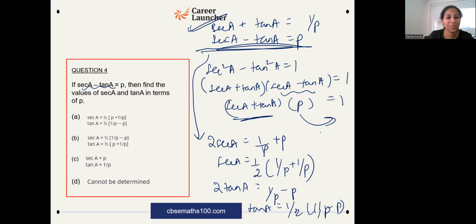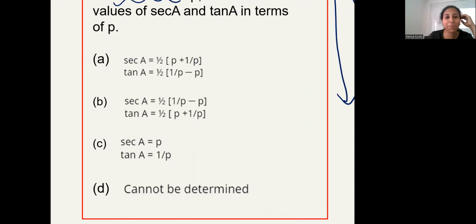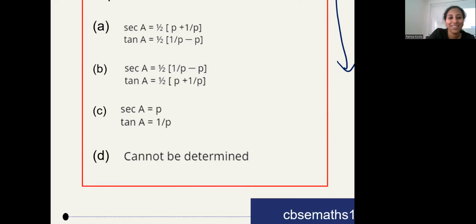Which option? It is option A. Half of P plus 1 by P, and tan A will be half of 1 by P minus P. Alright? This is the logic. This kind of question is quite important.